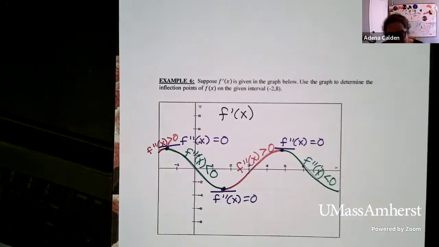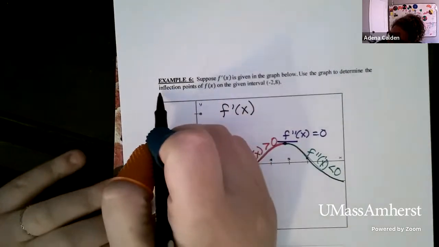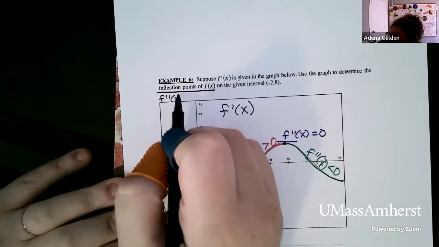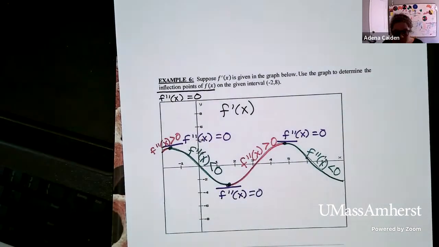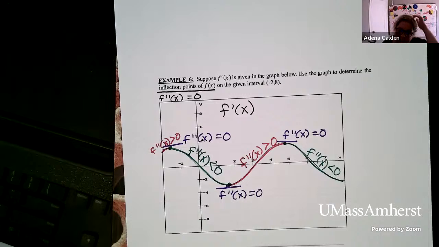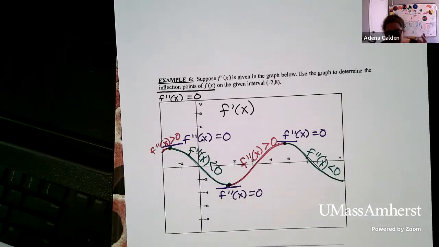So then how do we take that and think about the original function? Well, we're interested in the inflection points of f of x. We get inflection points when the second derivative is 0 and when we change concavity, where the sign of the second derivative changes.